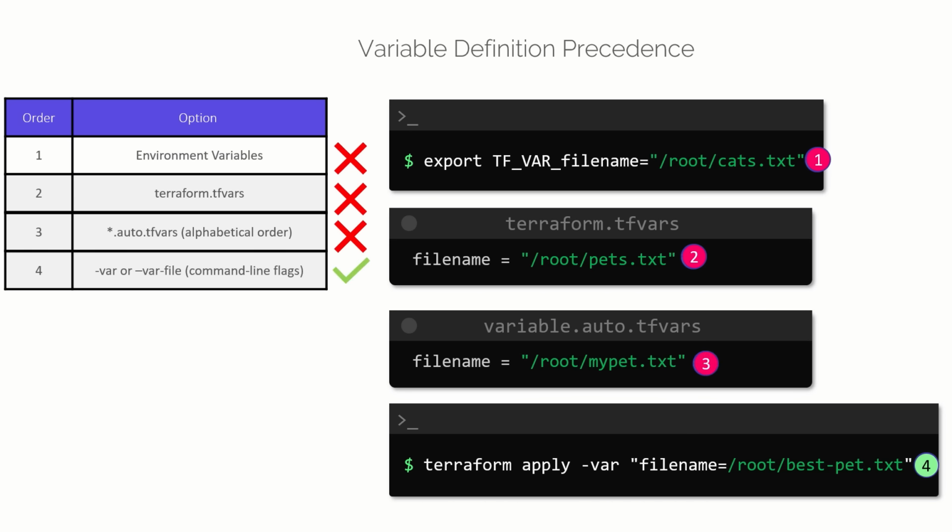And finally, Terraform considers the command line flag of -var or -var-file, which takes the highest priority and will override any of the previous values. In this case, the variable file name will be assigned the value of /root/bestpet.txt. That's it for this lecture.